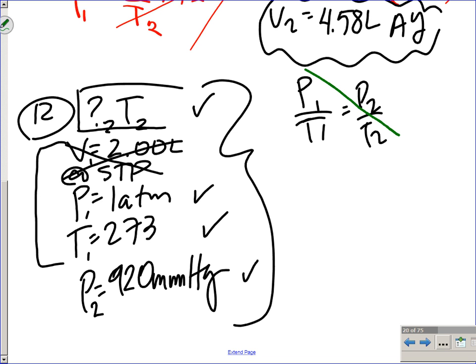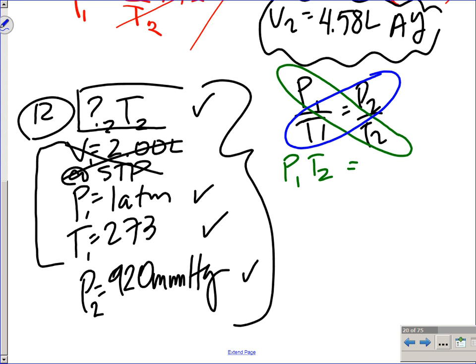If you cross multiply, P1 times T2, those are multiplied by each other. I'm writing them down here. And you set it equal to the other cross multiplication, which is this guy. So you're cross multiplying. See, I'm writing that. And I'm just going to divide. Now that everything's multiplied, I can just divide by the variable I don't want.